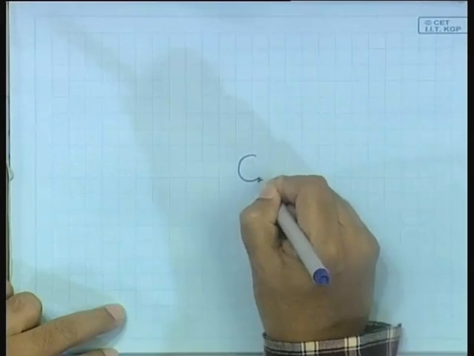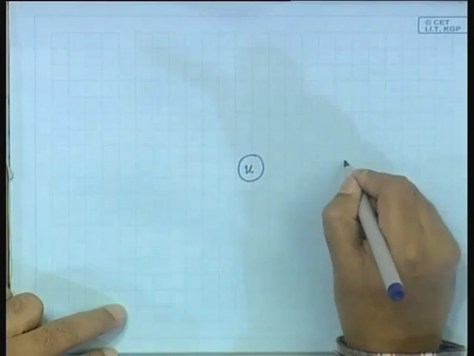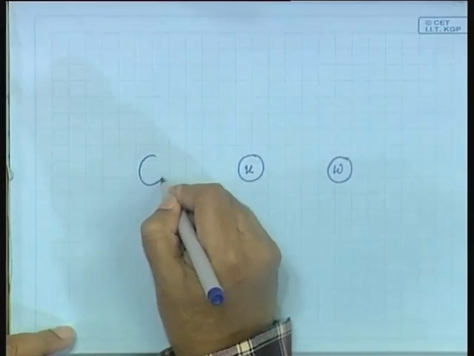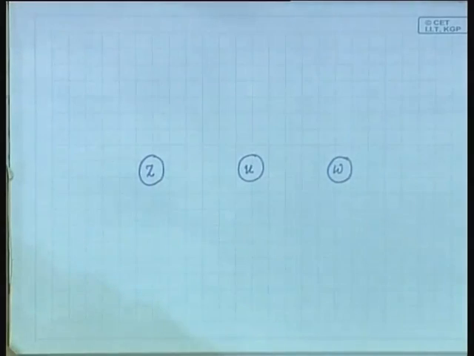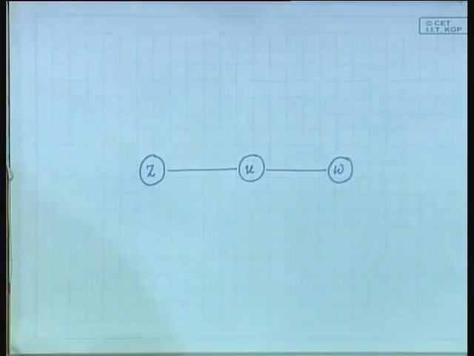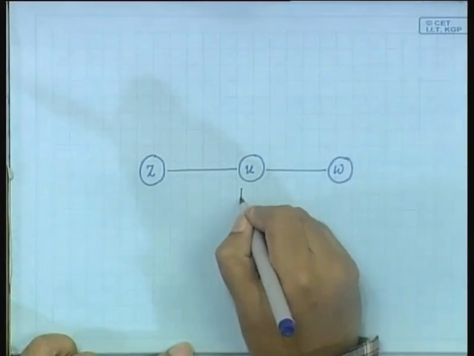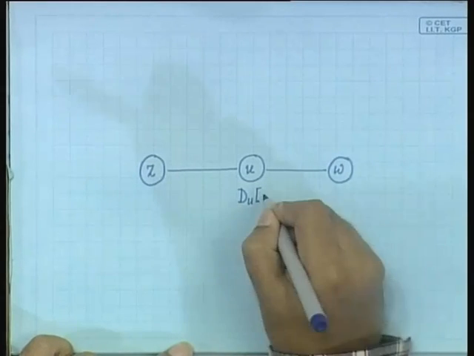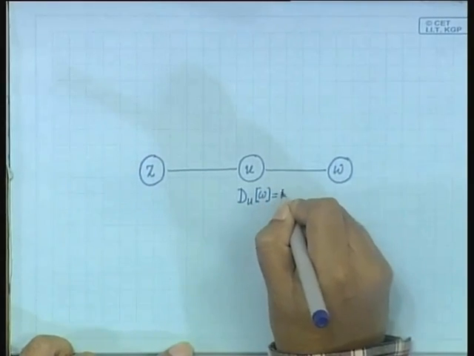To understand why that happens, let us consider this case, that I have a node U, I have a node W, and I have a node Z. Now, these are neighbors. So in my stable state, d_U(W) is 1.